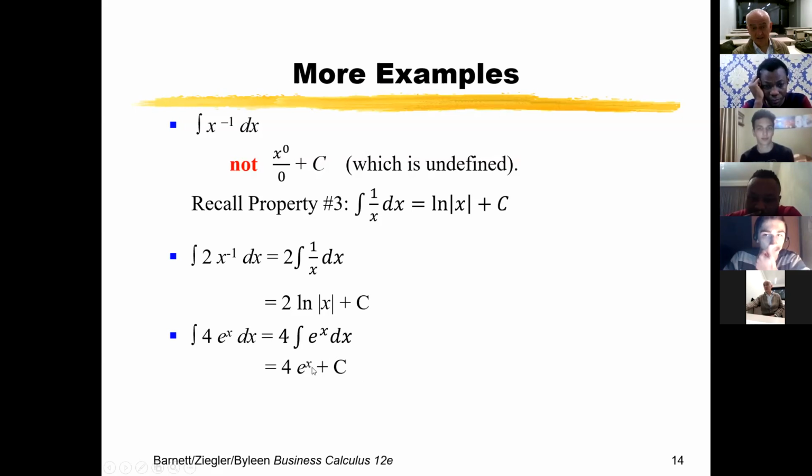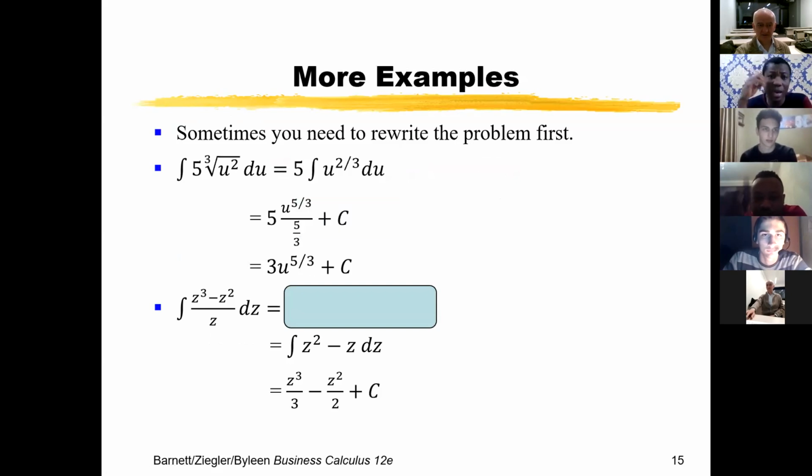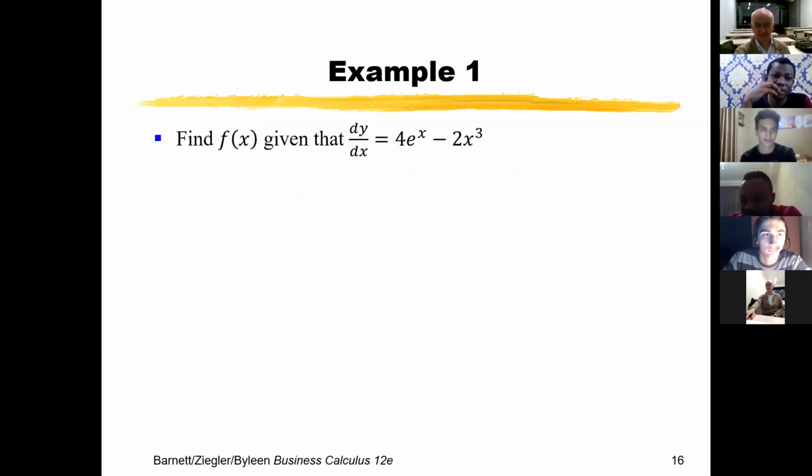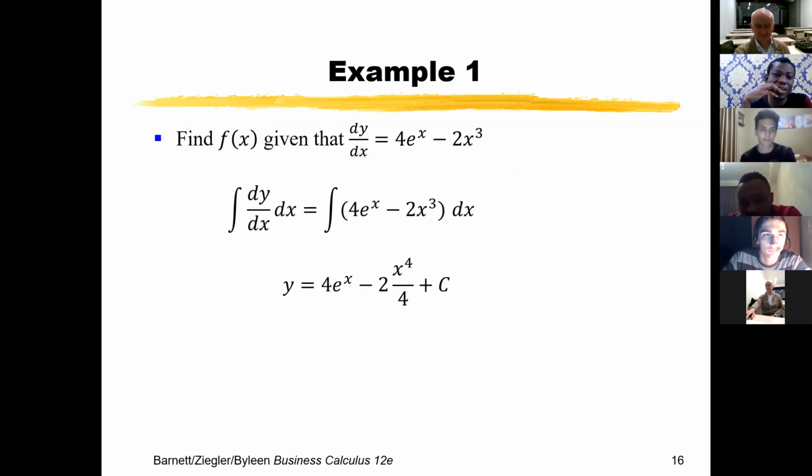Integral of e to power x is e to power x again. No, I understand that. Not that, sir. When f(x) is given that dy/dx, it's dy divided by dx, it's the derivative. And the integral of the derivative, the integral of dy/dx, is this function again.